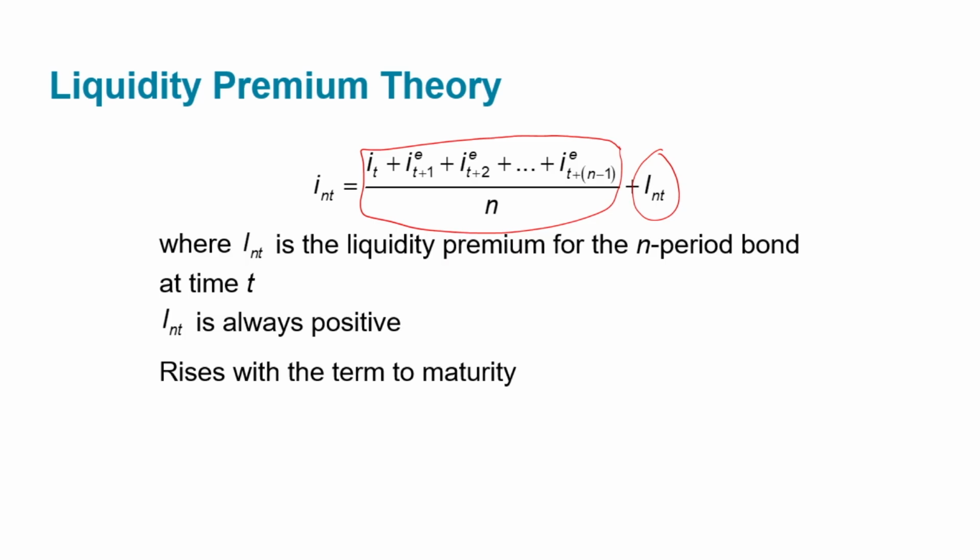That means some top-up interest rate to motivate them to get the long-term bonds. So normally the liquidity premium is always positive because of the time period. There is a risk. Risk is mainly inflation risk, interest rate risk, and a little bit about liquidity as well. So this rises with the term to maturity.